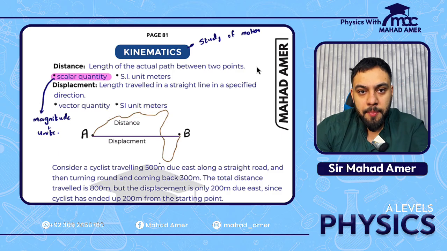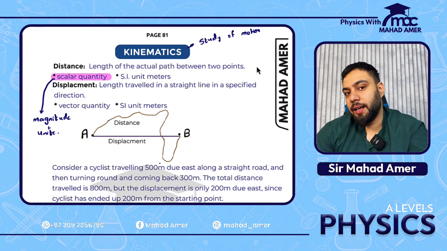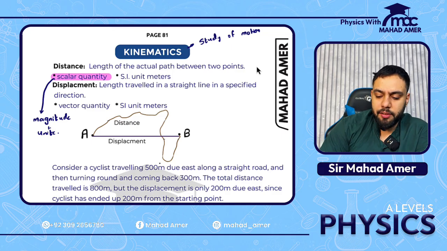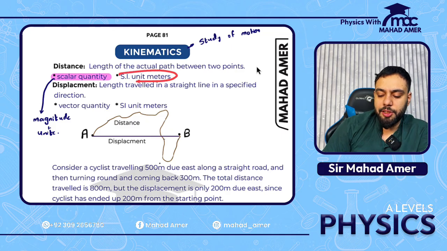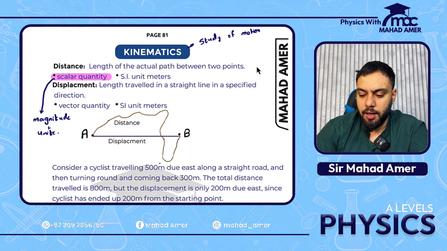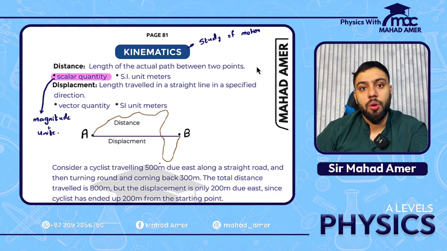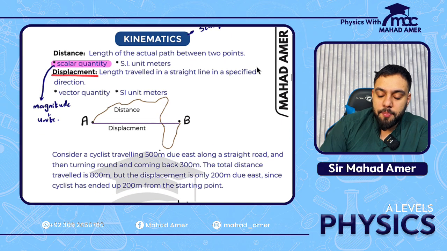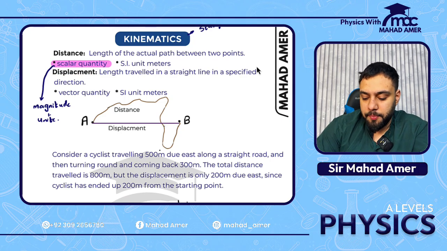That 50 is the magnitude and that meters is the unit. This is a very basic understanding of what distance is. It is measured in meters. It's a scalar quantity. We are very well aware of distances because we are from an IGCSE background. Moving on, what is displacement?